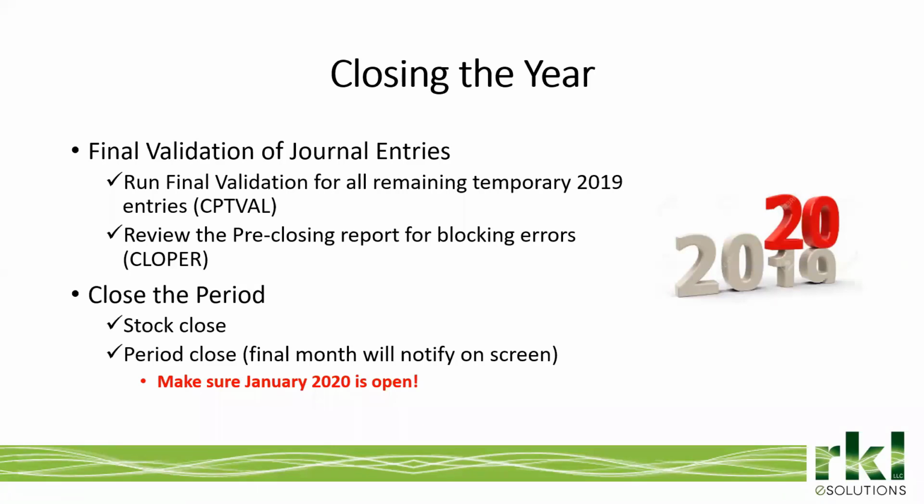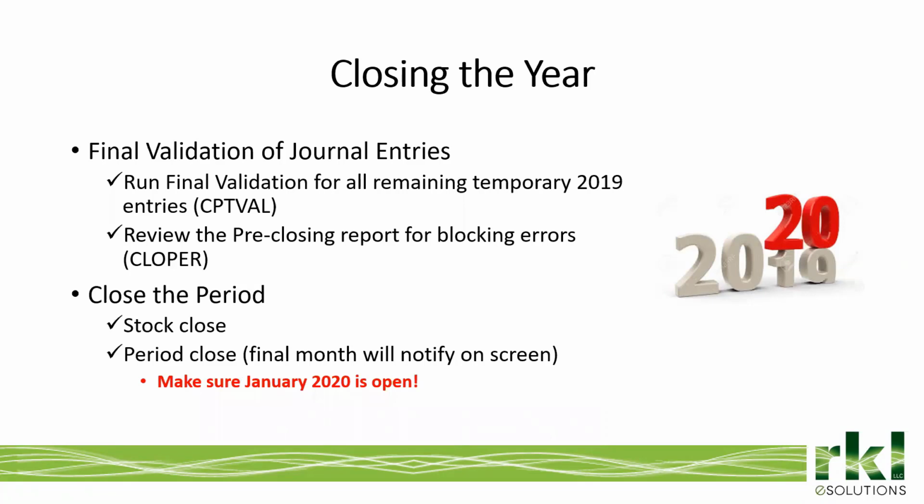Okay, next you're going to want to close your stock period. And from there, when that's done, you'll actually close the period. Before you do that, though, to avoid problems later, you'll want to make sure that the year 2020 is open, and that at least the first period is open, so January 2020 in this case.